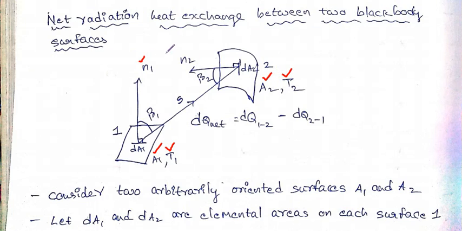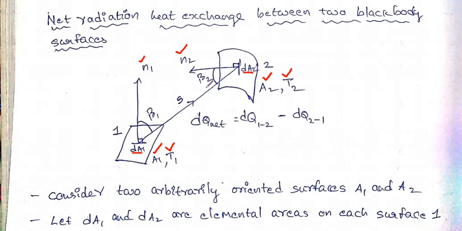N1 and N2 are the normals of the surfaces. Normals are always perpendicular to the area of the surface. Let us consider small elemental areas for each of these surfaces, that is dA1 and dA2.